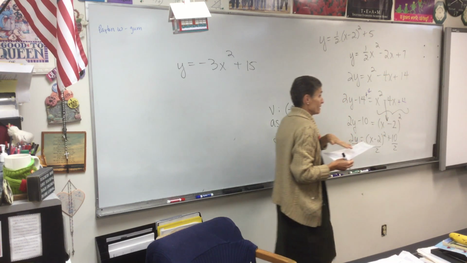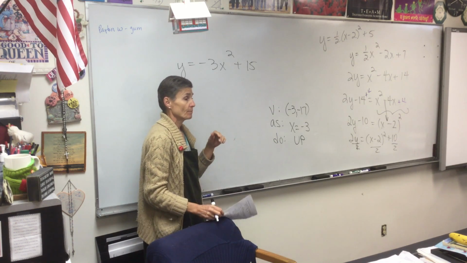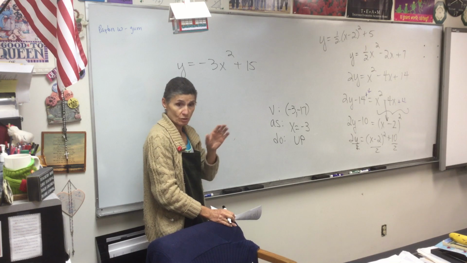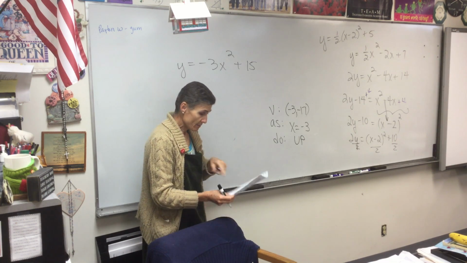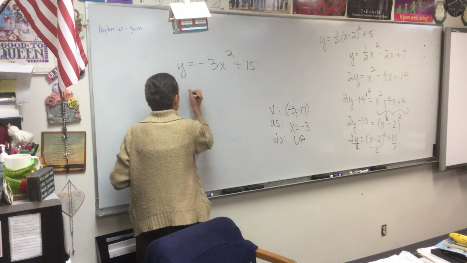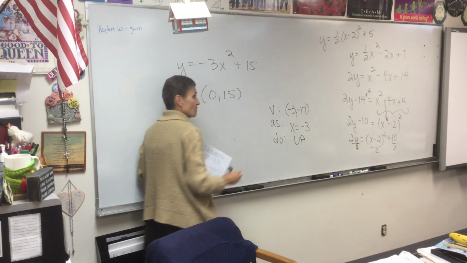Well, look at D. Can you tell me the vertex? Has it been shifted sideways at all? No, so it's still at 0. And then what does that plus 15 do? Raises it up.